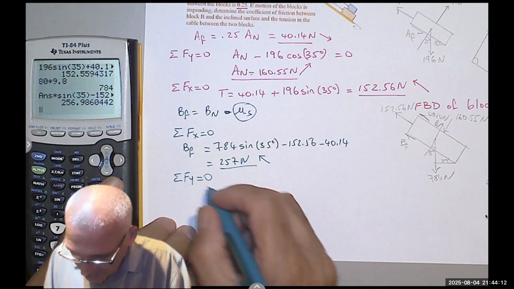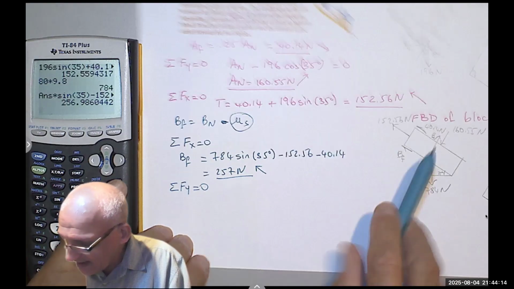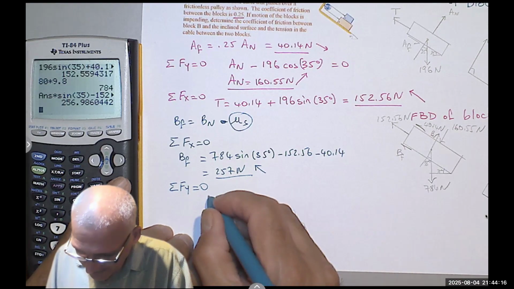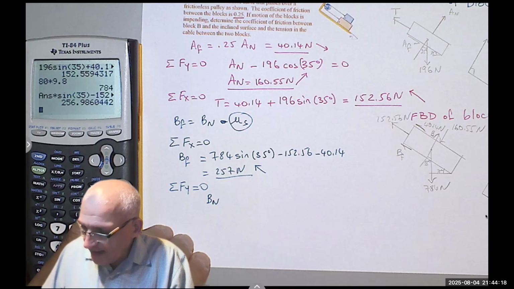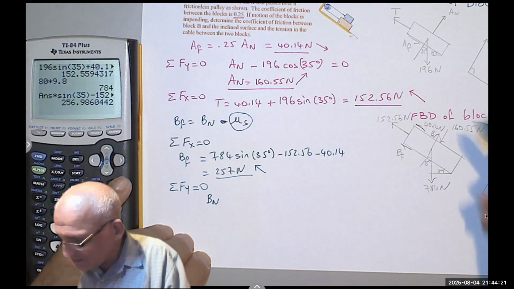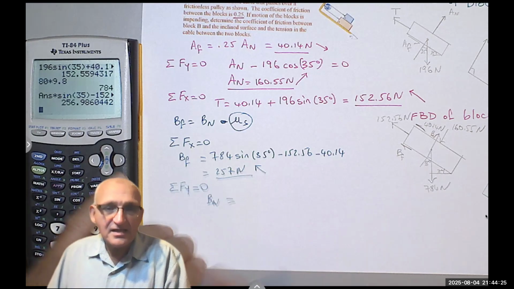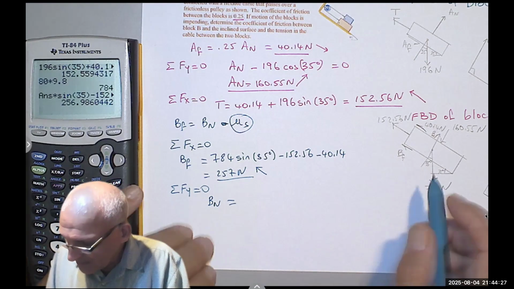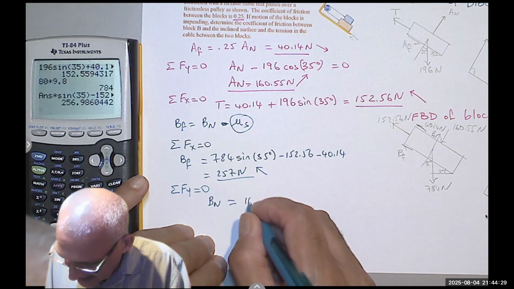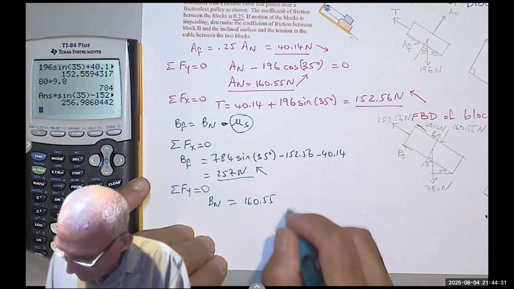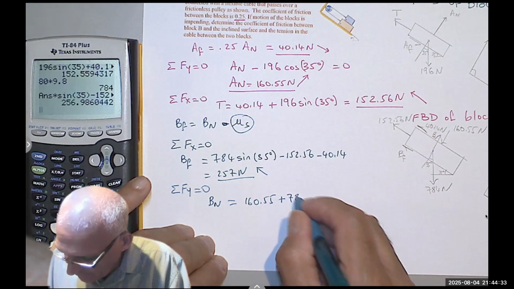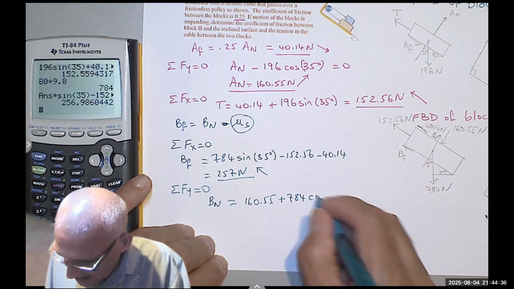When I do the summation of the forces in the y, I have B sub n going up, and the rest, this is going down and this is going down. So I can say equals and I add them together again instead of rewriting it twice. So I'm going to say equals 160.55 plus 784 cosine 35.